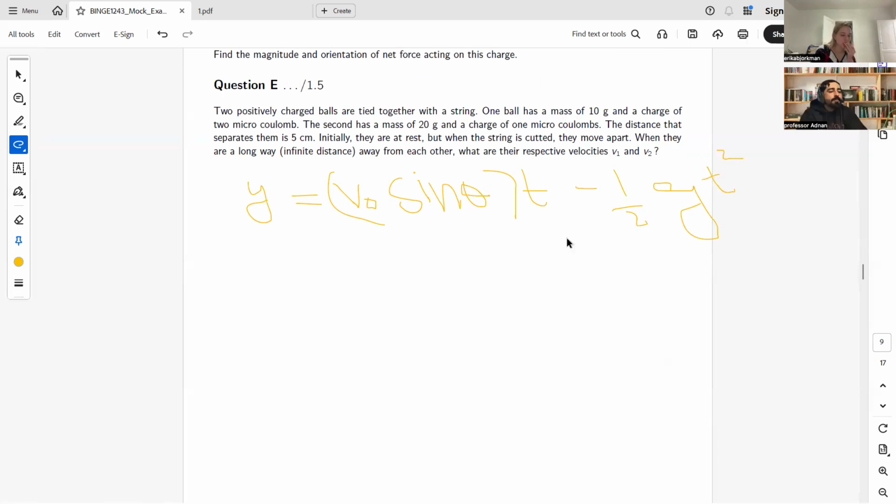We have discussed that its net vertical distance is equal to 0. How is it 0? We have also discussed, so we need to put it equal to 0. The remaining equation can be written as v naught sine of theta minus half g t, into t, just taking the common t.